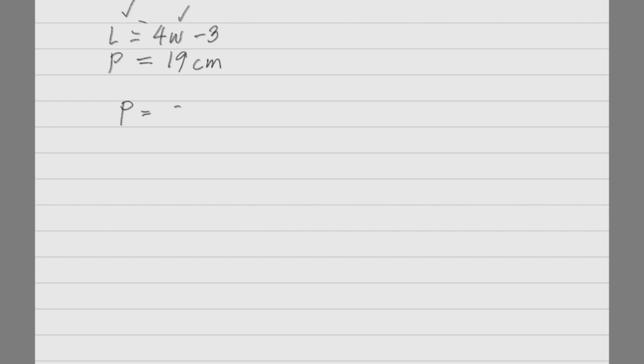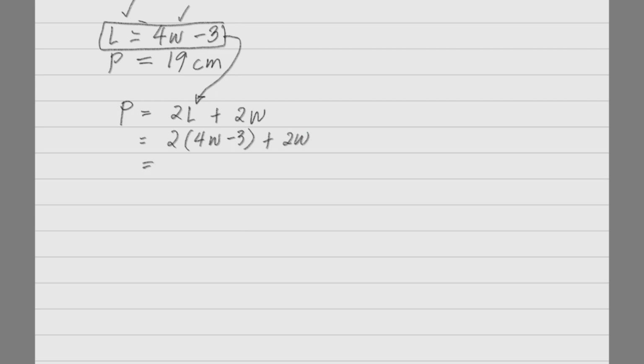So in this case, that will be twice the length plus twice the width, right? So we already have an equation for your length. We will just have to substitute that to the perimeter equation. So we get 2 times 4W minus 3 plus 2W.